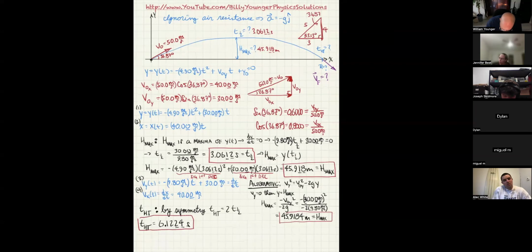Now, can someone tell me another way to find T hang time? Do you know anything about, for instance, the acceleration at T hang time, or the velocity at T hang time, or the height at T hang time?